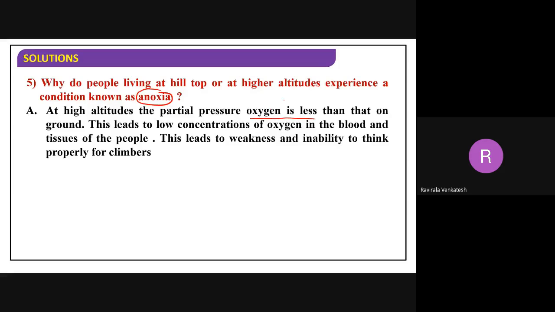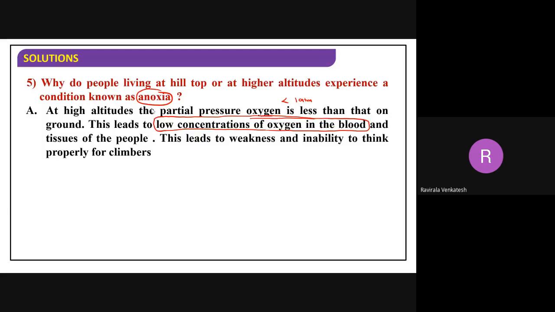This leads to low concentration of oxygen in the blood. When you go deep into the sea, the concentration of oxygen in the blood is more, and it leads to bends. When you go to higher altitudes, the concentration of oxygen in the blood will be low. It leads to anoxia, because of absence of oxygen in the blood.